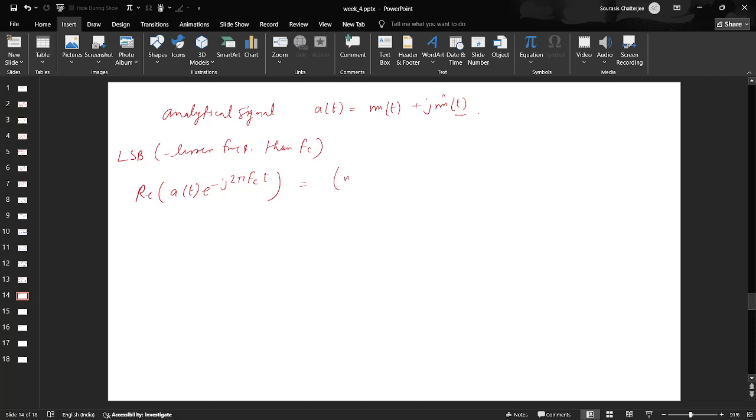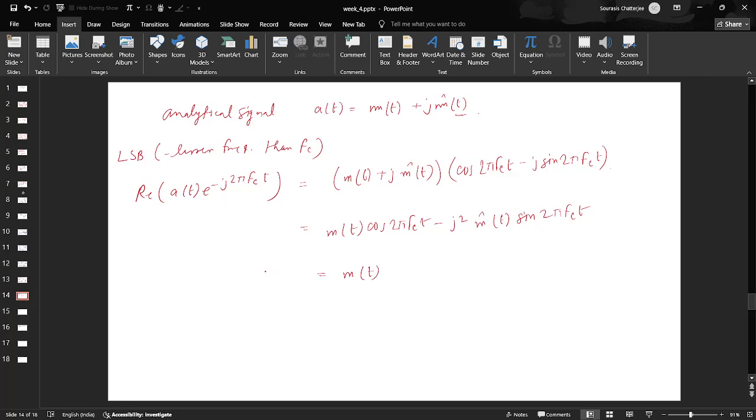You can write the A(t) expression, m(t) plus j m hat t, which is the Hilbert transform version of the original signal, times e to the power minus j 2 pi fct. I can write that as cos 2 pi fct minus j sin 2 pi fct. Since we are interested in the real part, let's pick the two real parts only, m(t) cos 2 pi fct. The second and third terms are imaginary, so you skip them. The last one is another real term, that is m hat t sin 2 pi fct.